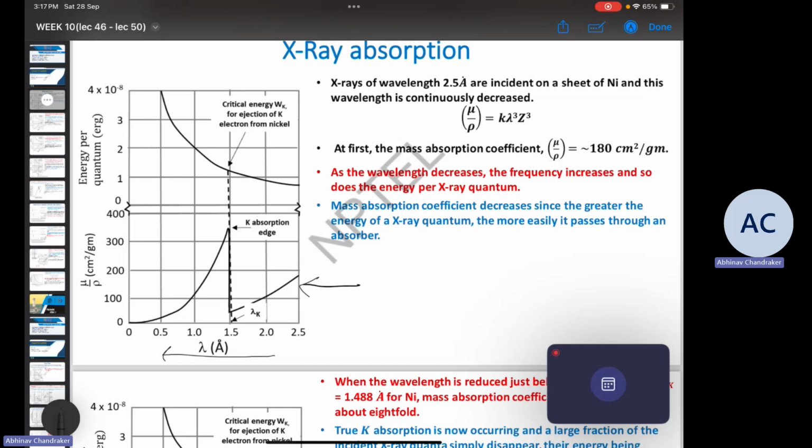So in general we'll see this kind of a decreasing trend as the energy increases.